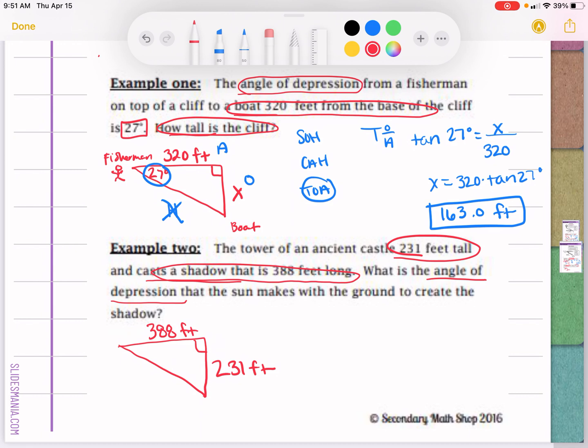And they want to know the angle of depression. So remember, your angle of depression goes from the top looking down. So here, since we don't know it, I'm going to put an X there for my angle of depression. And we're trying to figure out the angle of depression that the sun makes with the ground to create the shadow.